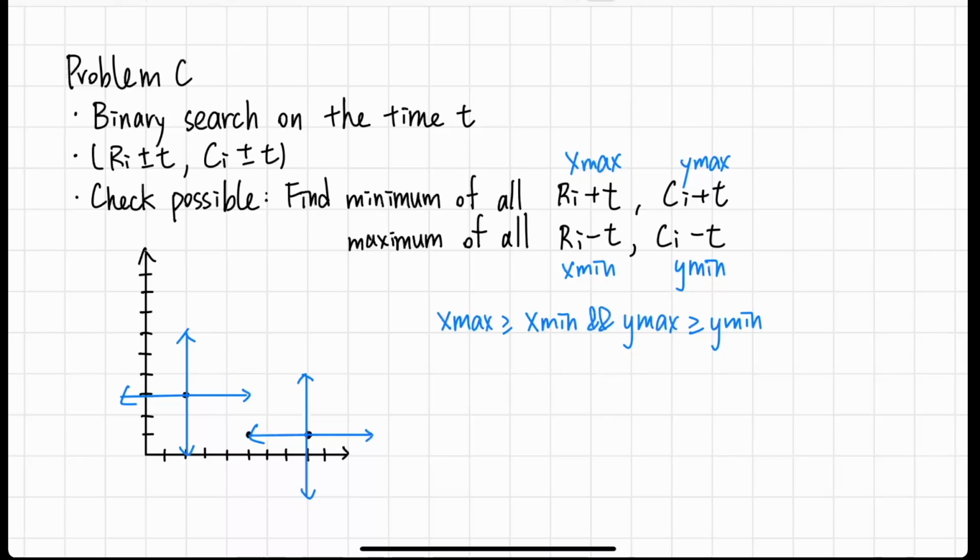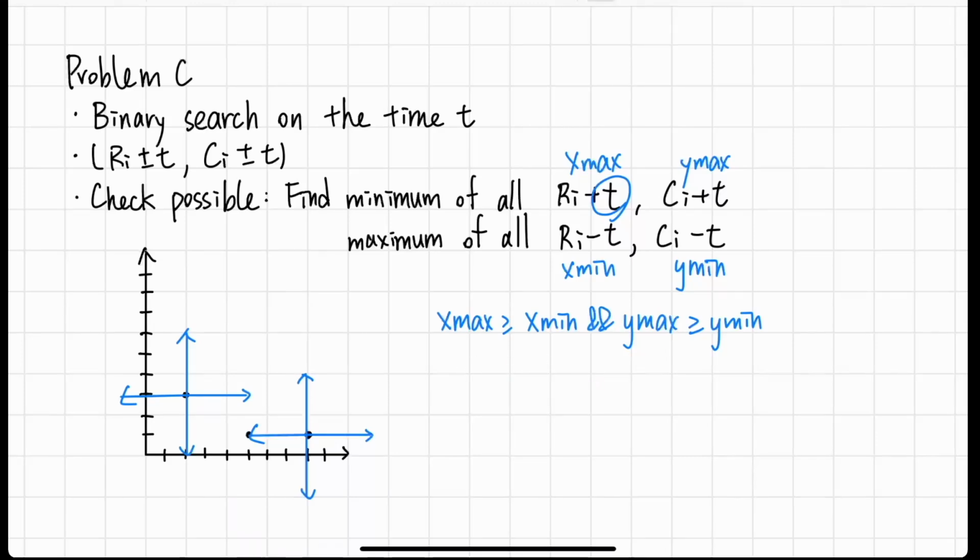So if this is the case, this time t would work, and this would return true and mean that our binary search would work.